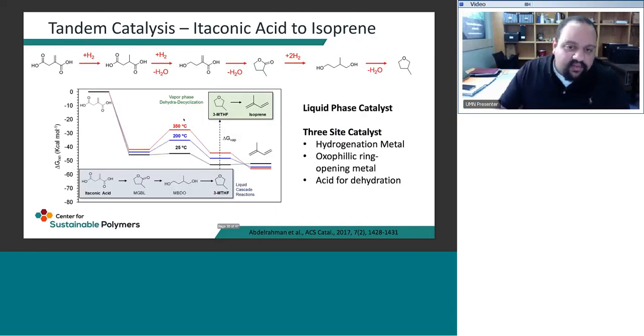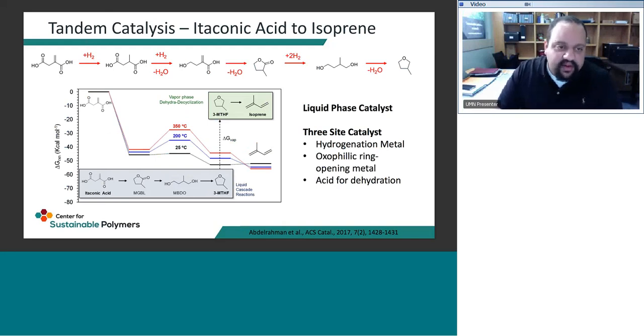One example that's been developed here at the Center for Sustainable Polymers is this technology of going from itaconic acid, which you can derive from glucose through enzymatic technologies, all the way to isoprene, which is a renewable diene monomer that you can then form a lot of interesting polymers out of.